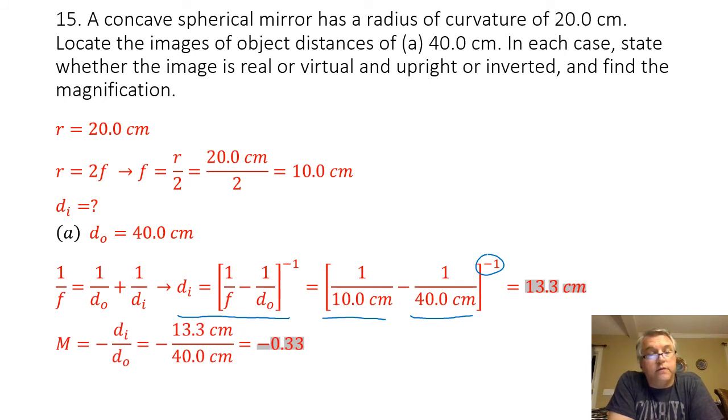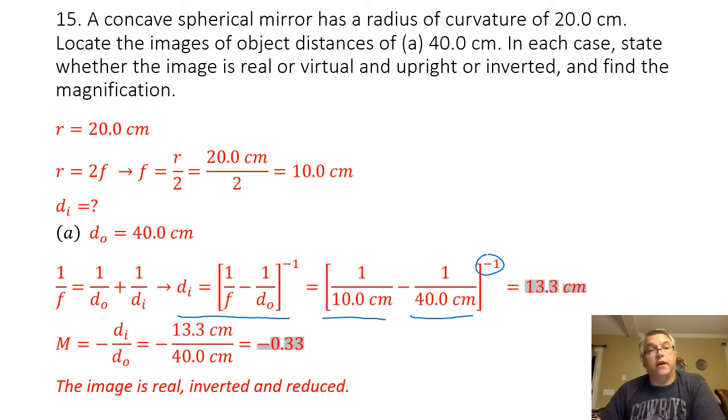So the negative of 13.3 centimeters divided by 40 centimeters will give me a magnification of negative 0.33. So my image is going to be real because I have a positive image distance. It will be inverted because I have a negative magnification, and it will be reduced. My magnification is less than 1.